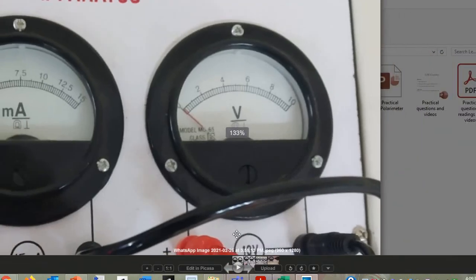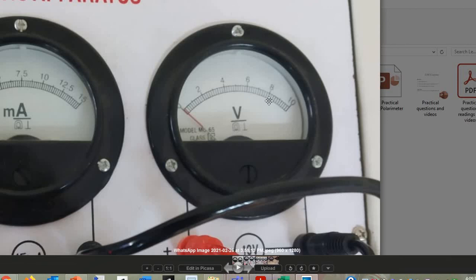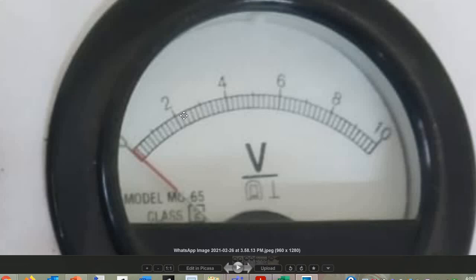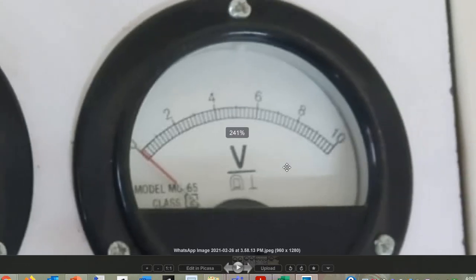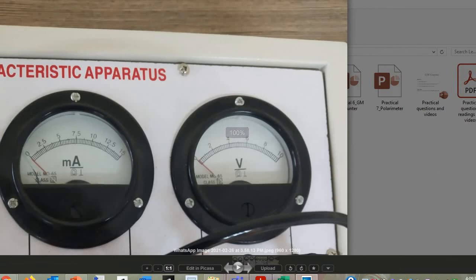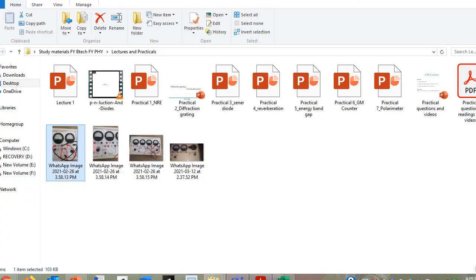It has a 10 volt maximum value. The numbers we can see on the scale are first 0, then 2, 4, 6, 8, 10, with a gap of 10 divisions. So 2 divided by 10 will be the least count of this particular meter, and the answer is 0.2.